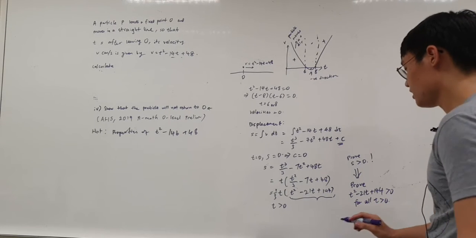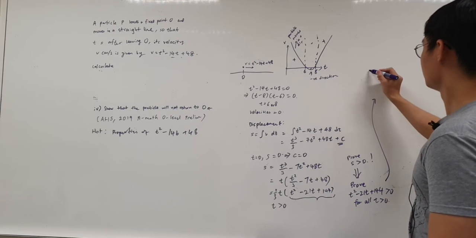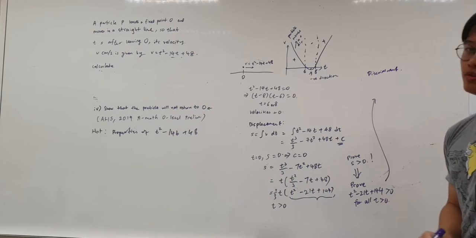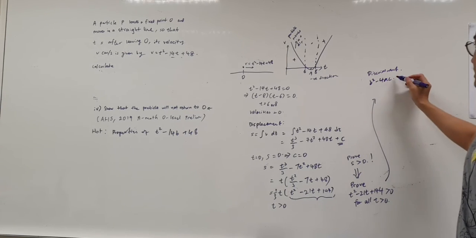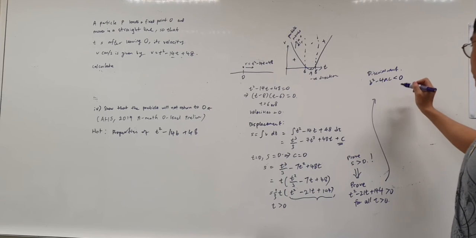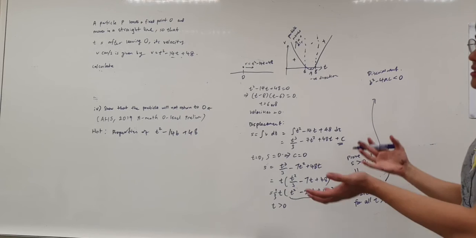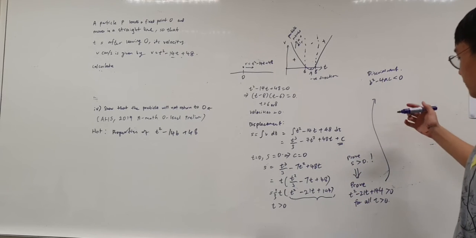And how do we do this? One thing we can recall is the discriminant. The discriminant says that b squared minus 4ac must be smaller than 0, so that there's no solution to this equation.